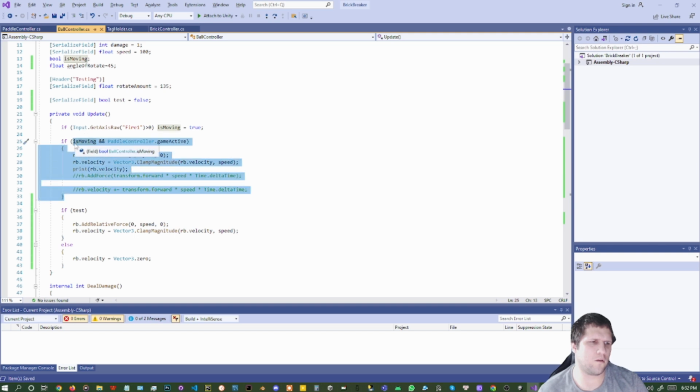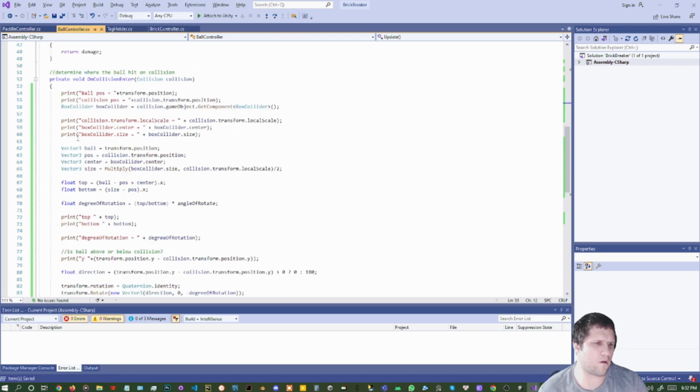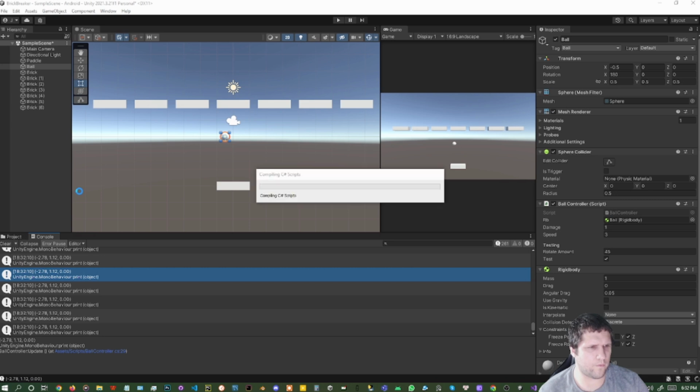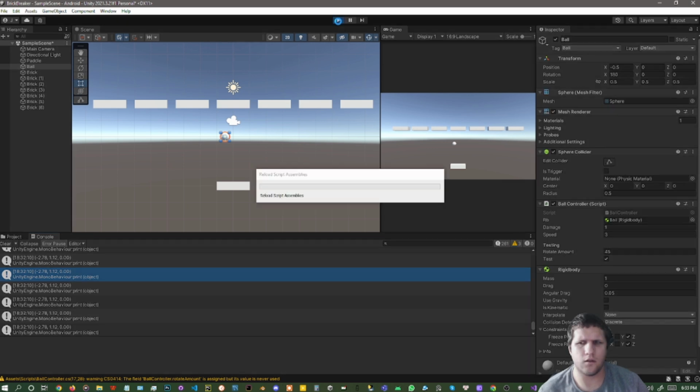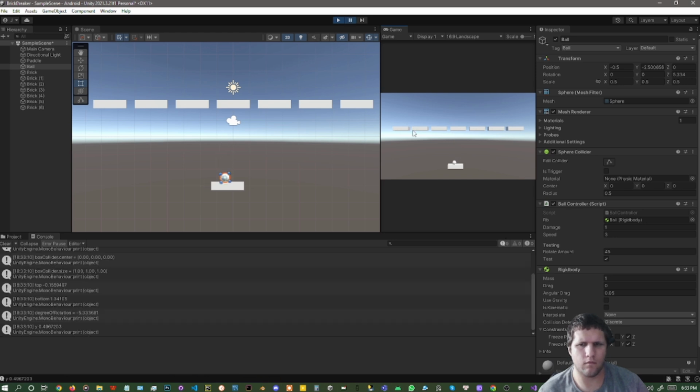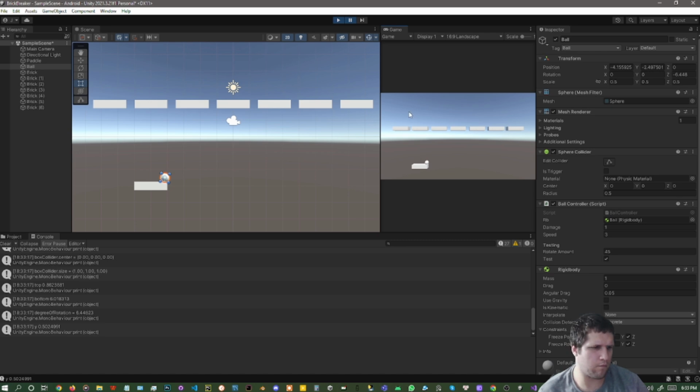You know what? Could it be that this is turning on? Let's remove that on trigger enter as well, just in case. No way.